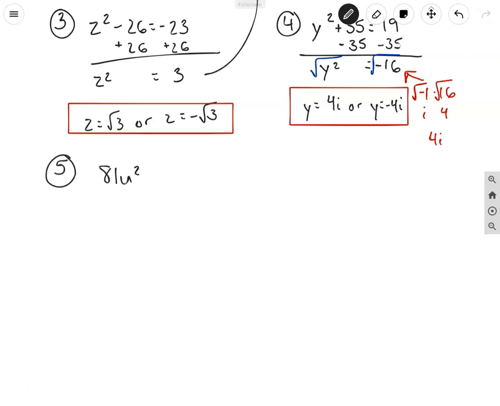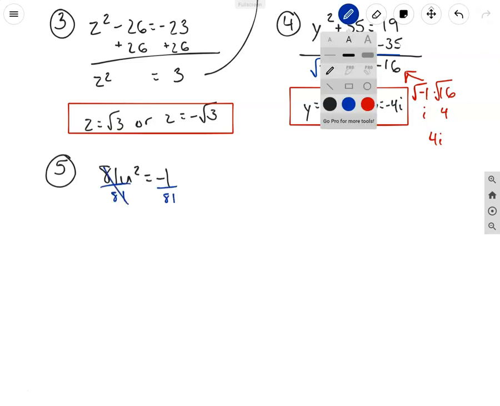This time we have 81u squared equals negative 1. So again, I need to get the u by itself. So to get the u by itself, I'm going to go ahead and divide both sides by 81. When I do that, I get u squared equals negative 1 over 81.